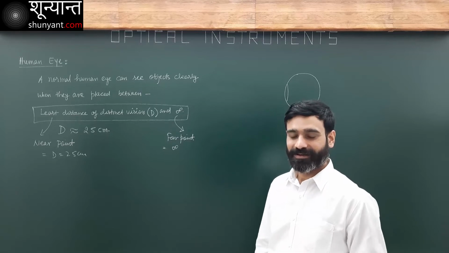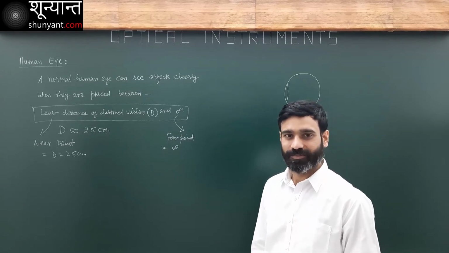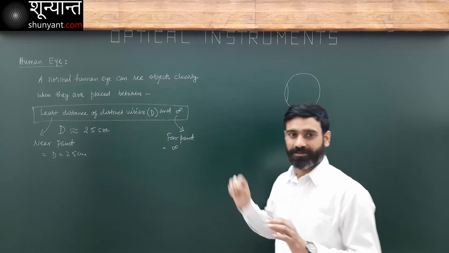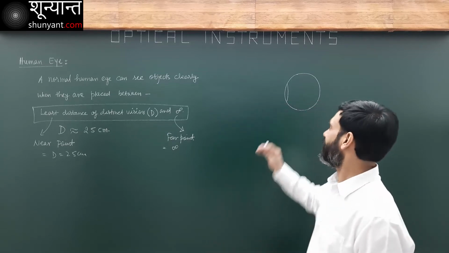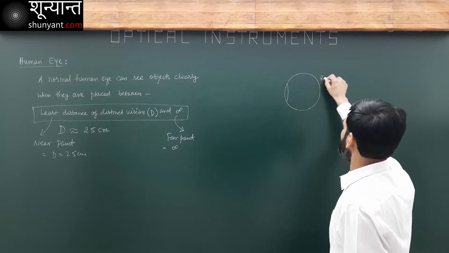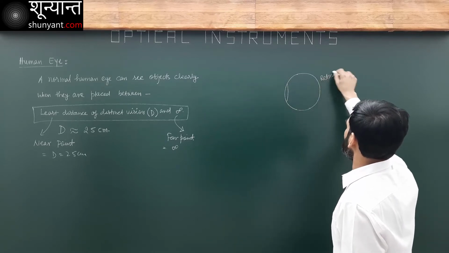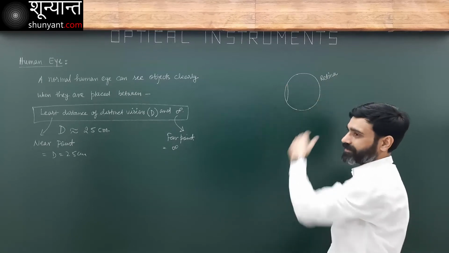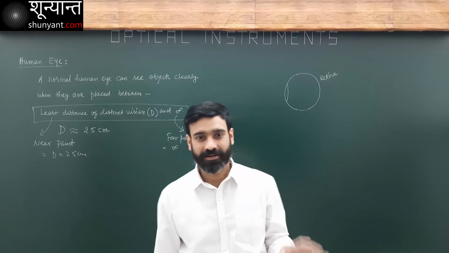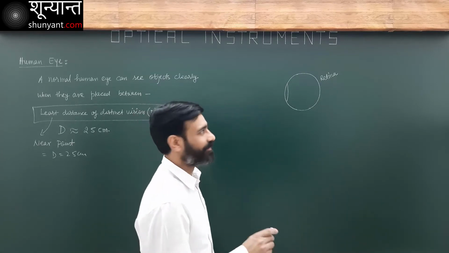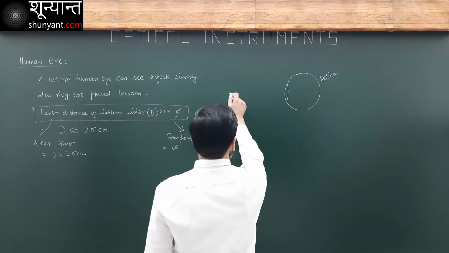We are just looking at the most basic, rudimentary details. I have this convex lens here, and this rear part is known as the retina, where this lens makes its real image, and that image is analyzed by the brain, and that's how we see. So this is the simplest structure.